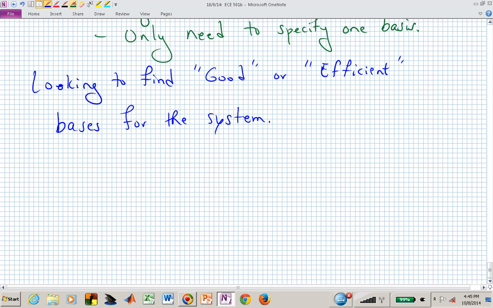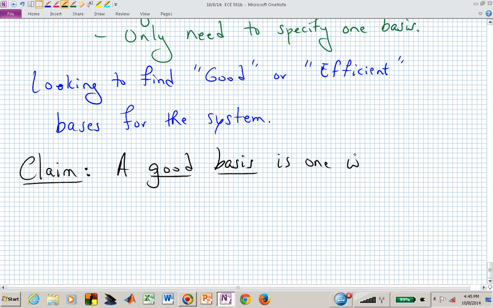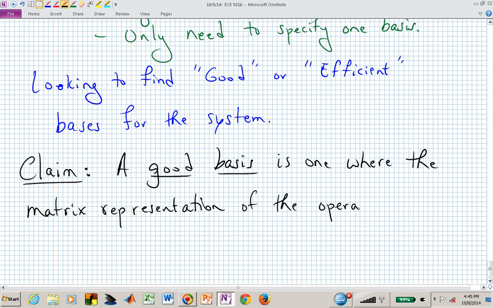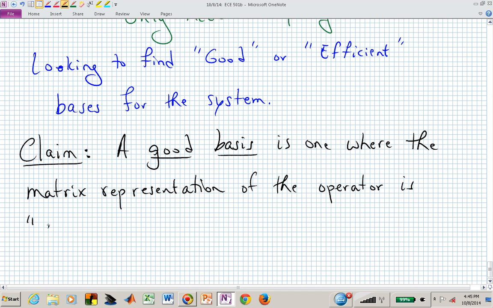And the claim is that a good basis is one where the matrix representation of this operator is "simple."